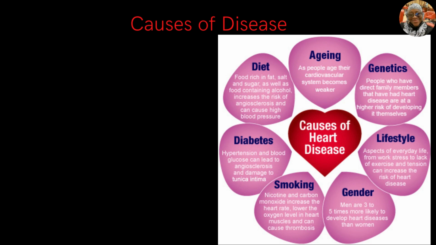Causes of disease. We have the heart in the middle, and what can cause disease is a lot of internal and external factors. We have aging: as we get older, our cardiovascular system and different things start to change. Genetics play a part, your lifestyle, how you live, your gender. Are you smoking?